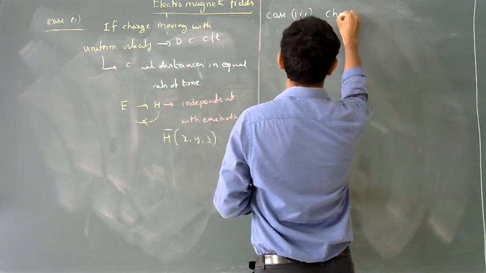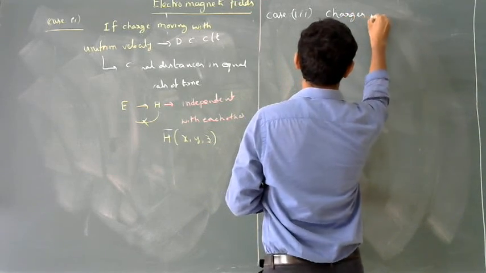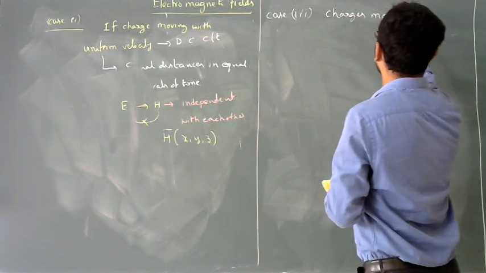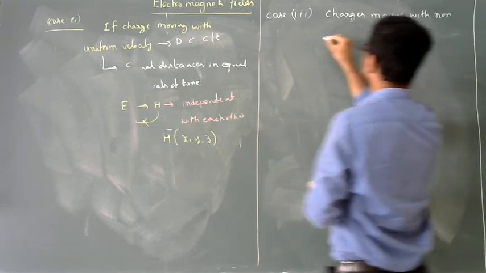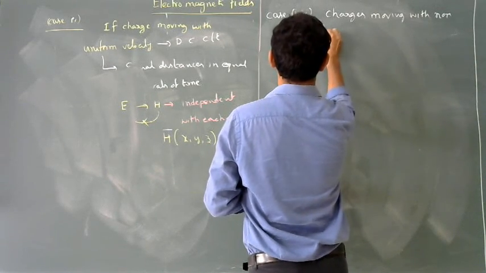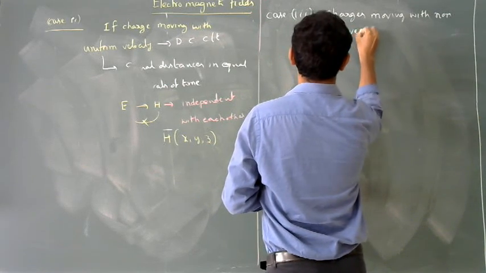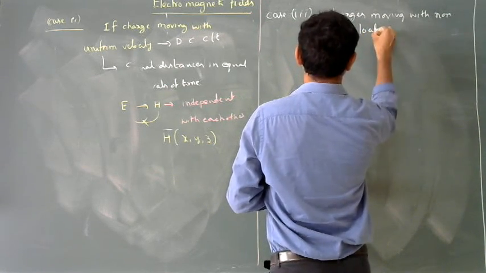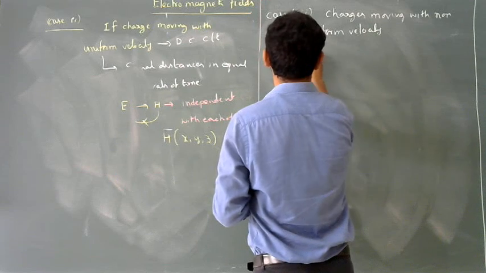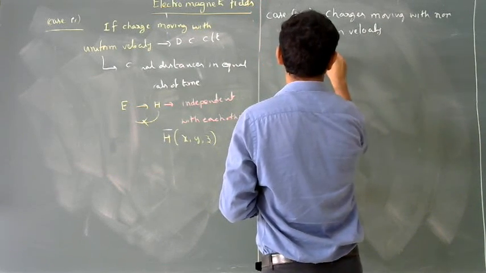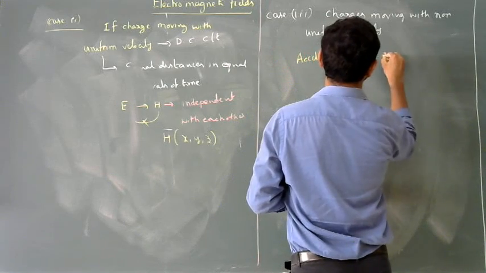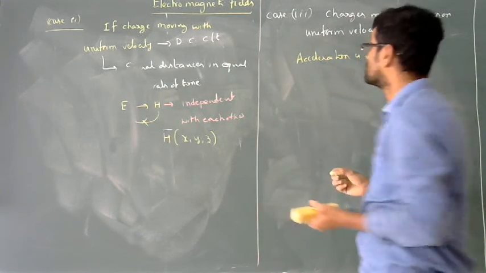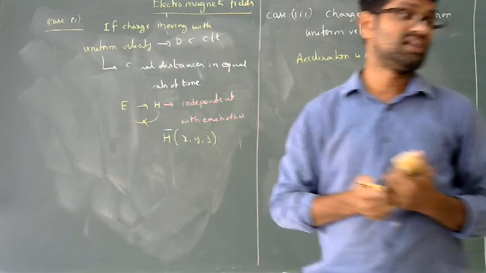Charges moving with non-uniform velocity means here acceleration is non-zero. It means charges are moving with different velocity.